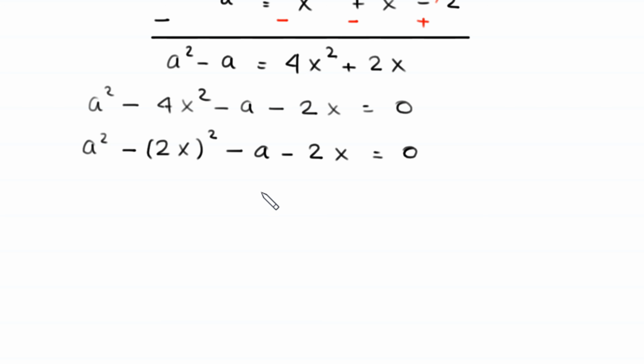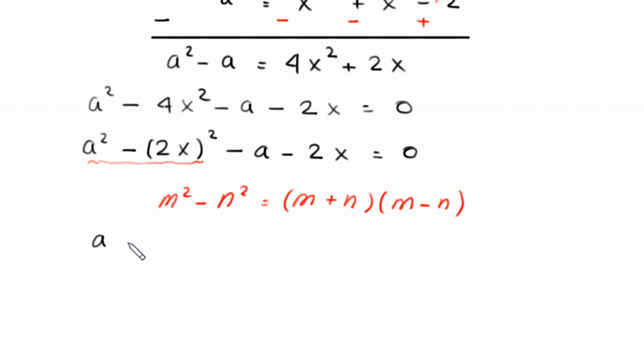By using the algebraic identity m squared minus n squared equals m plus n times m minus n, a squared minus (2x) squared becomes a plus 2x times a minus 2x.